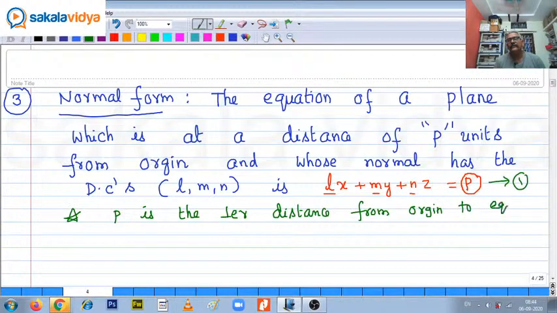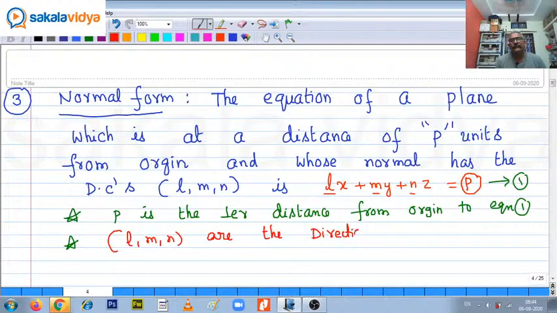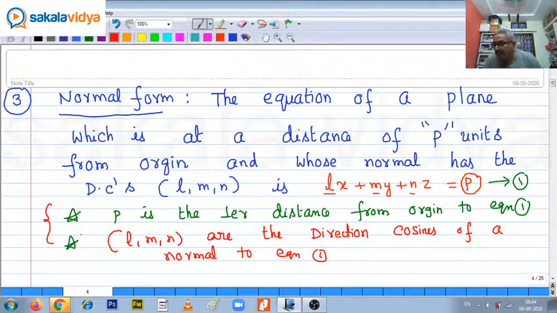Next, these l, m, n are the direction cosines of a normal to equation 1. So these are the important points we need to remember.